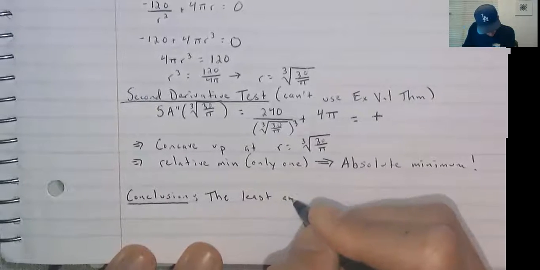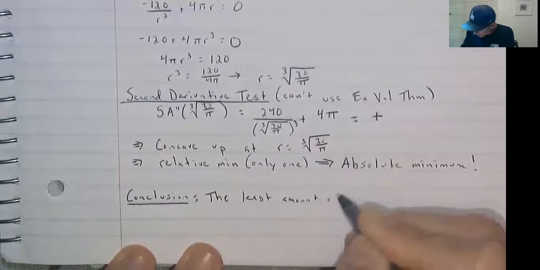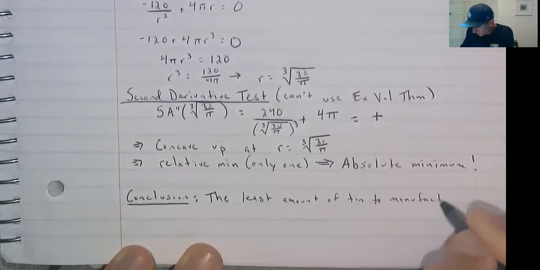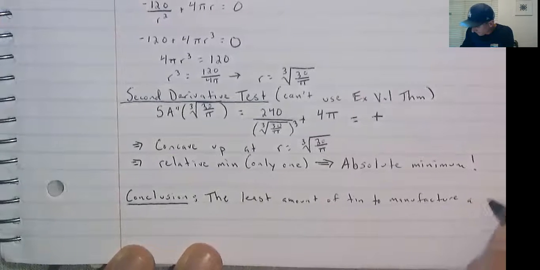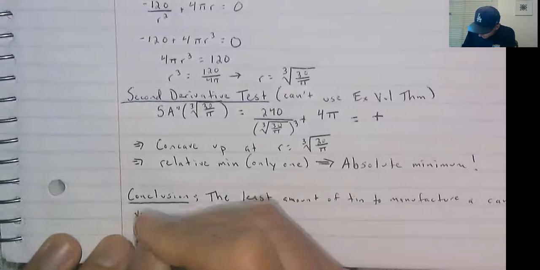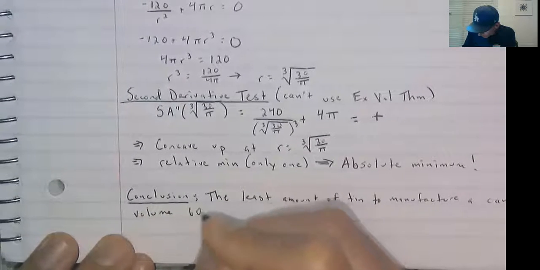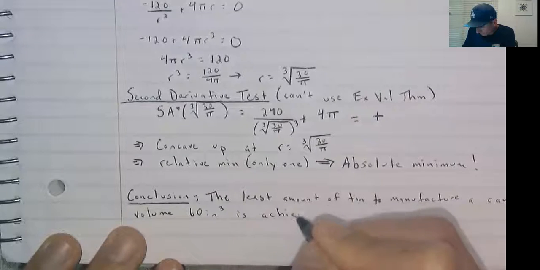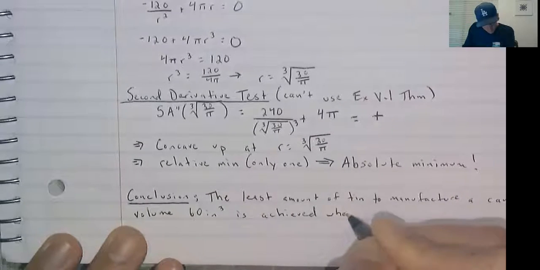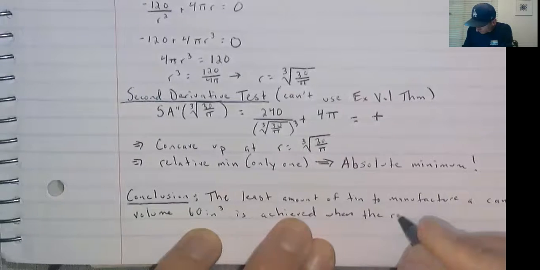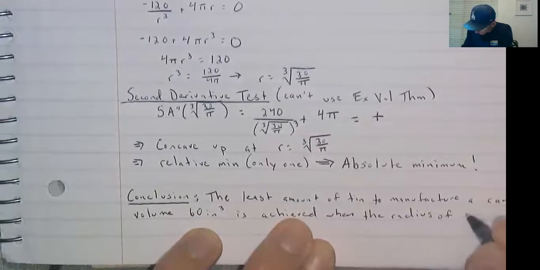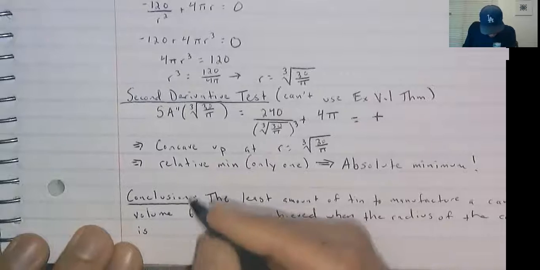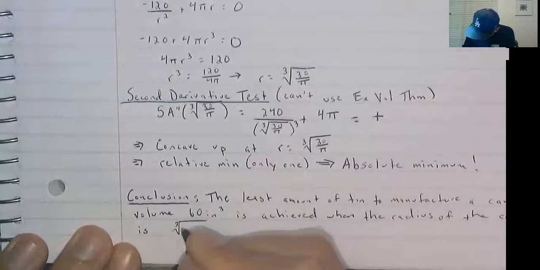The least amount of tin to manufacture a can of volume 60 cubic inches is achieved when the radius of the can is the cube root of 30 divided by pi.